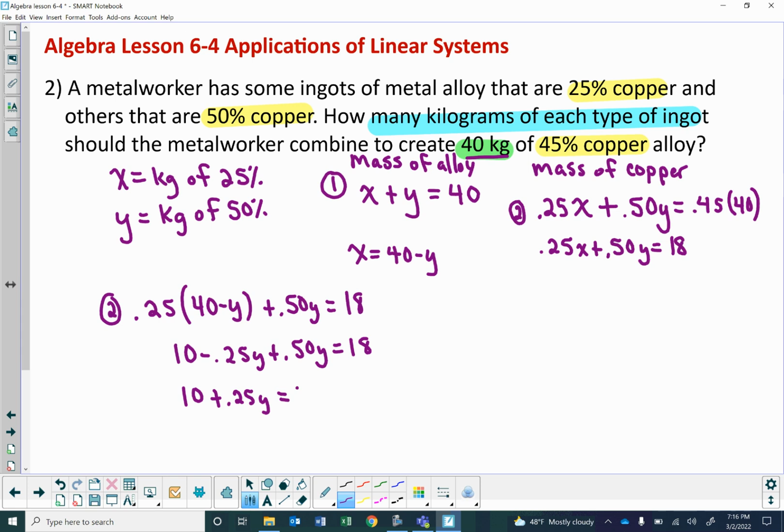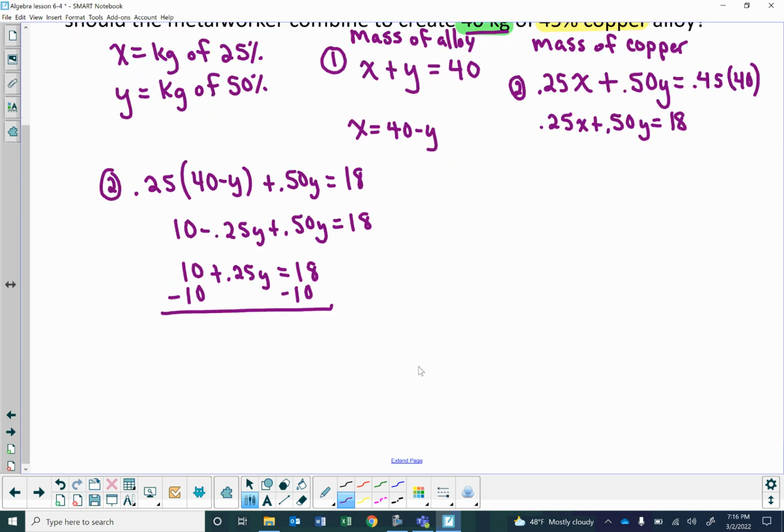That's going to equal 18. So subtract 10 from both sides. I'm going to have 0.25y equals 8. Divide by 0.25. So y is going to equal 32.